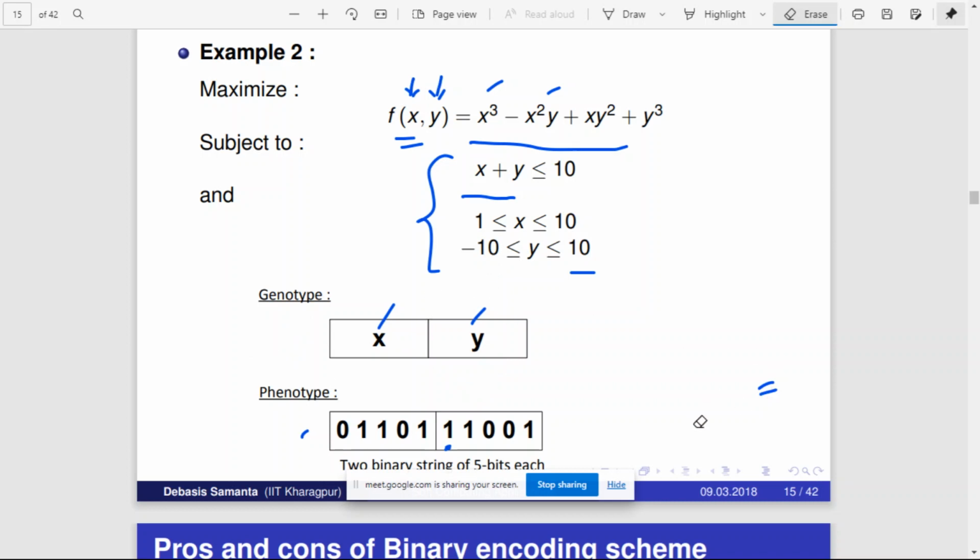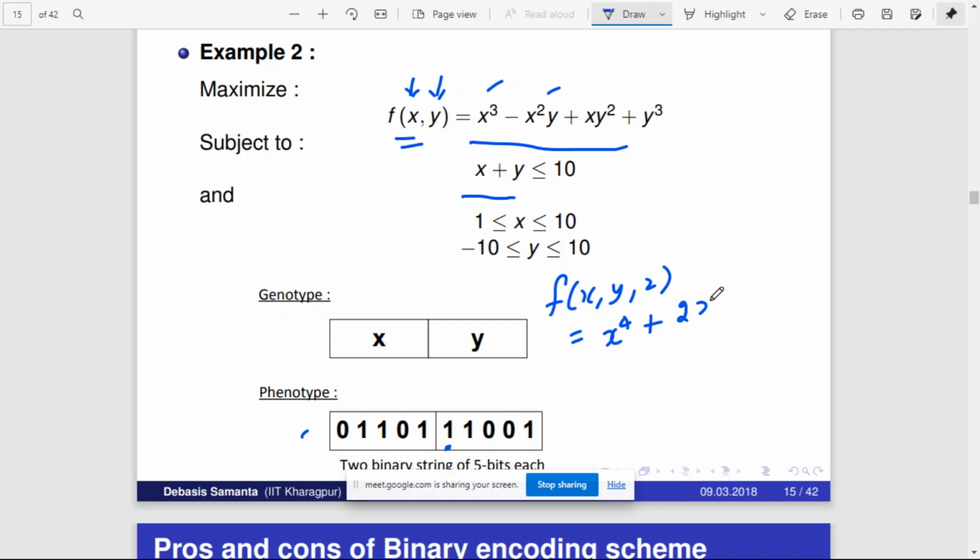Okay, say there is a function like this. Say I am giving a function f of x comma y comma z. Say three variables are here. Say x to the power 4 plus 2 x square y square plus 3 x y z plus 4 z square y.